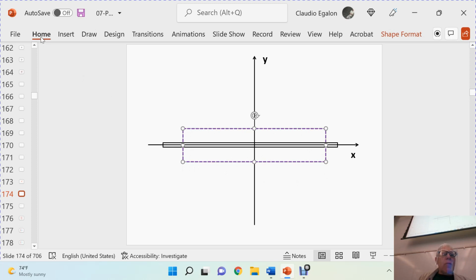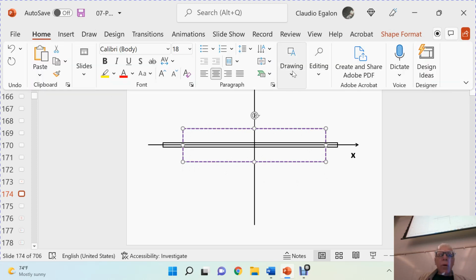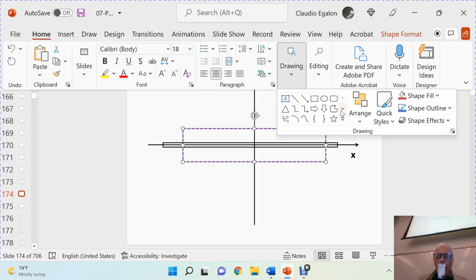The best way to draw something like that is to use a cylinder that we have here. Let me see if I can find it. Here you go. Here's the cylinder.